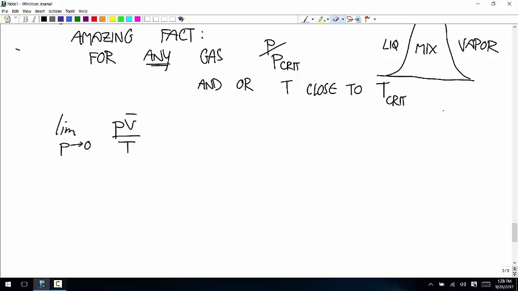Okay, so how would you do this experimentally? So think about just one gas.